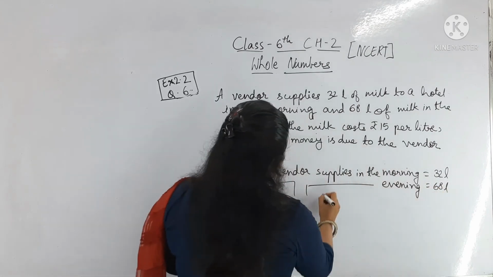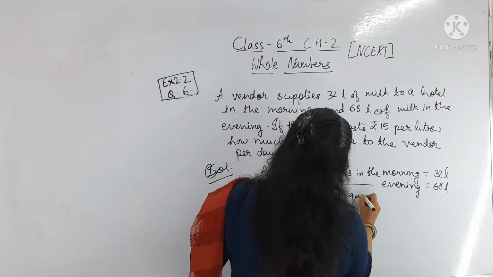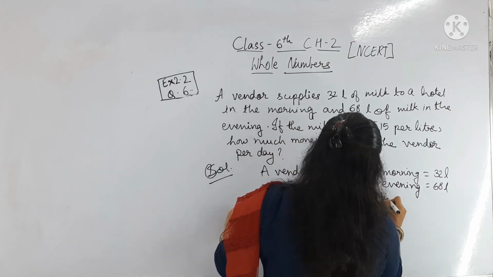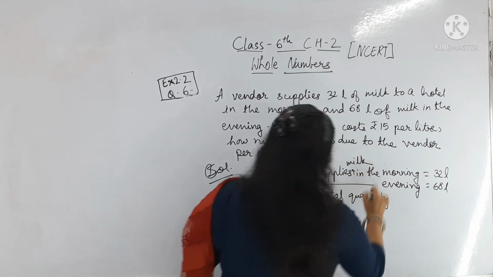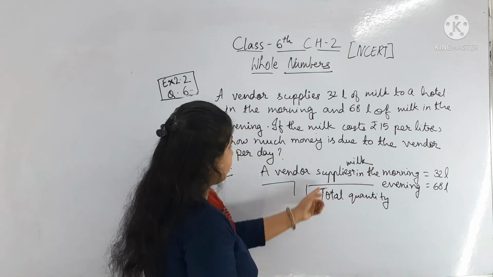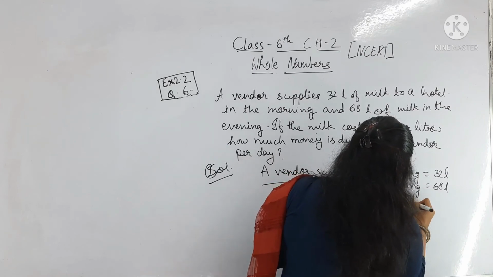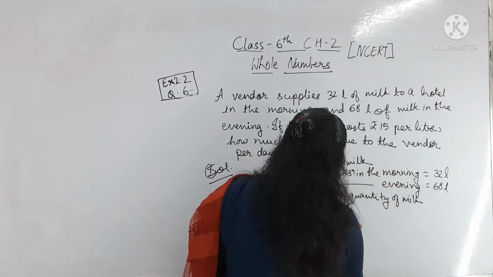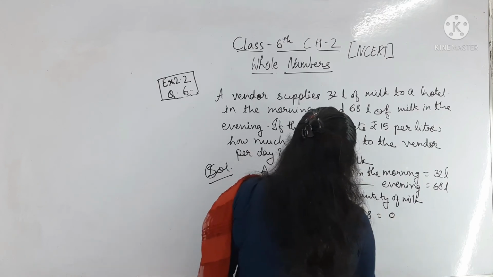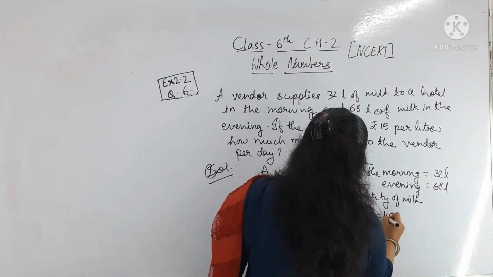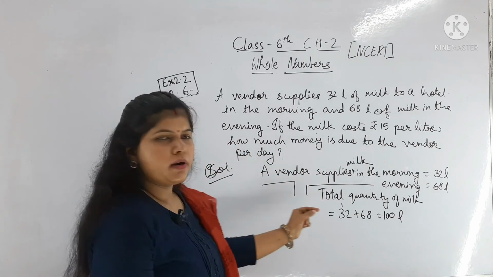Okay, so total quantity of milk supplies, you have to write milk. So total quantity of milk is equal to 32 plus 68, that is 8 plus 2 is 10, 6 plus 4 is 10. So 100 liter. Total quantity of milk per day is 100 liter.